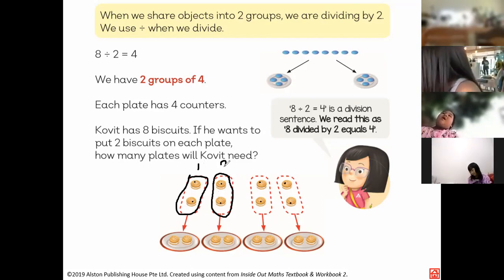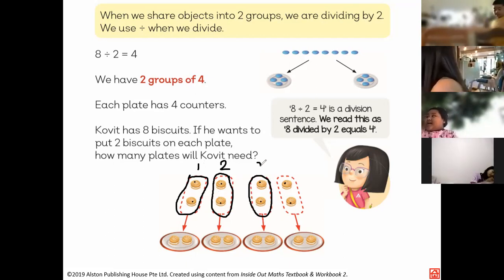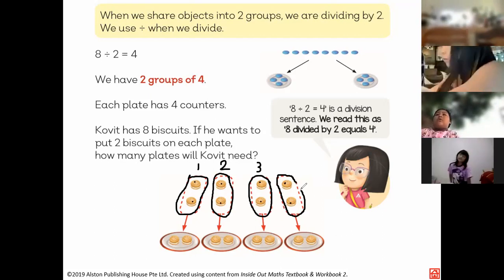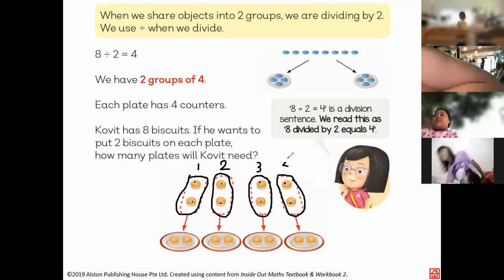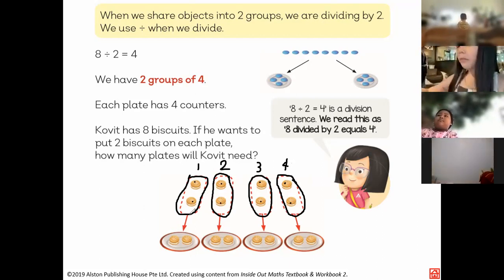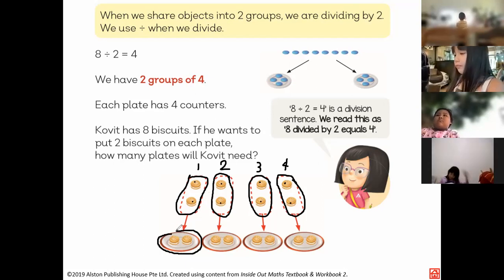And then the third 2, or third group, and then the fourth 2, or the fourth group. Okay. So how many plates will COVID need? Since we have 4 different groups, we also need 4 plates.